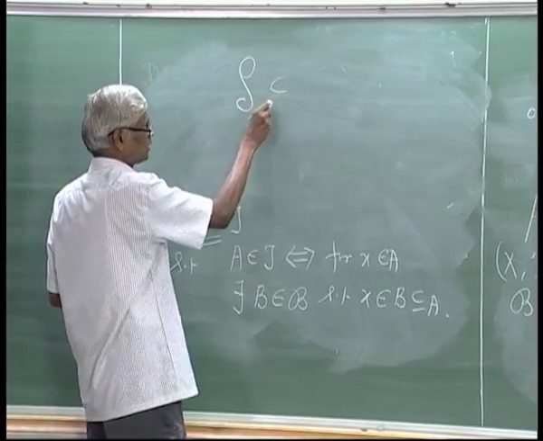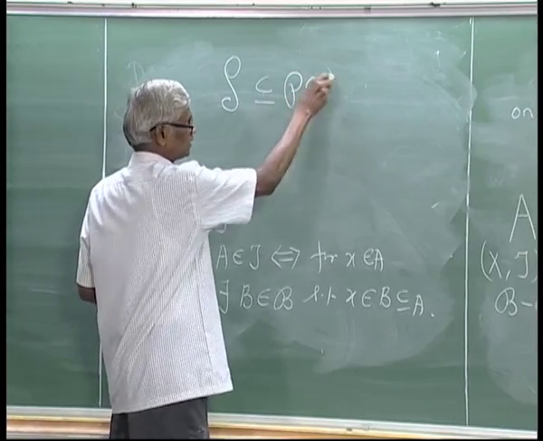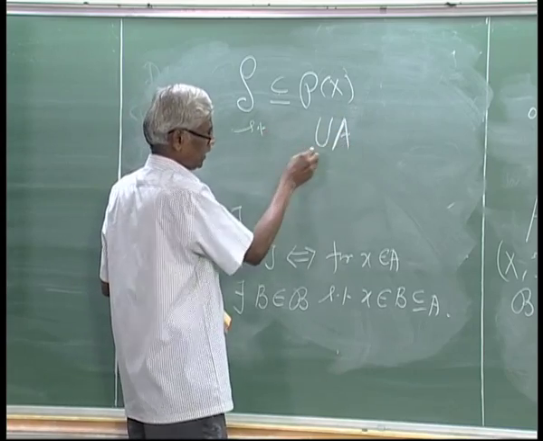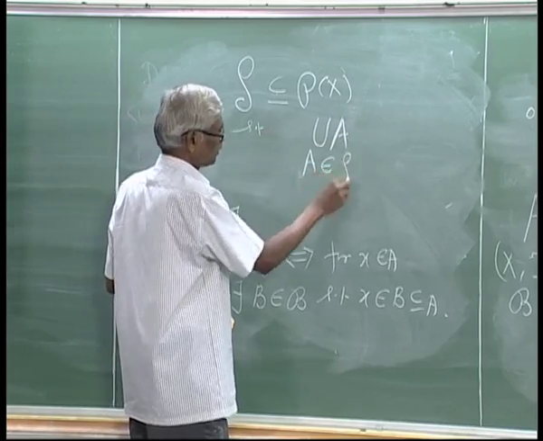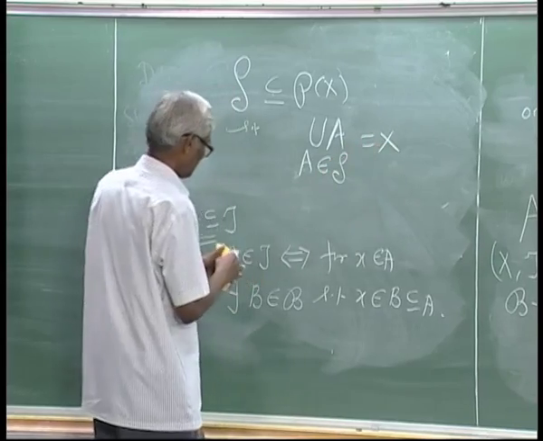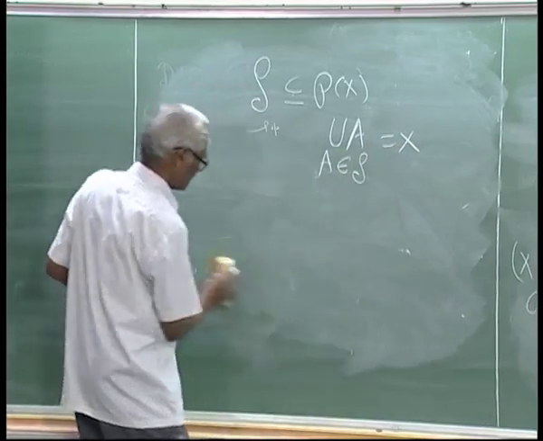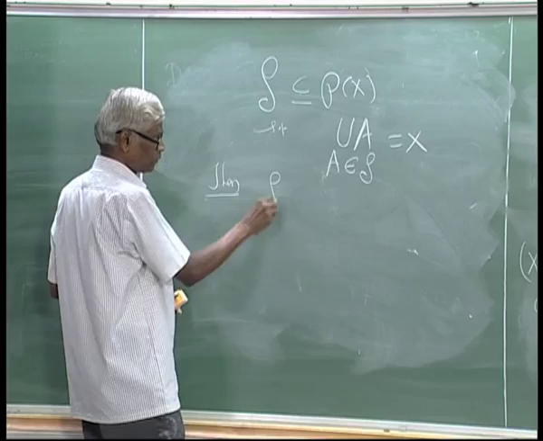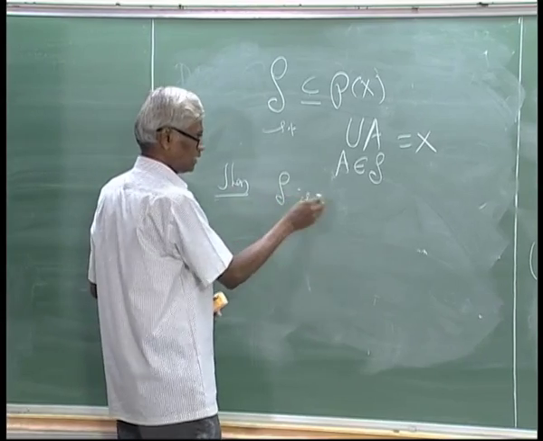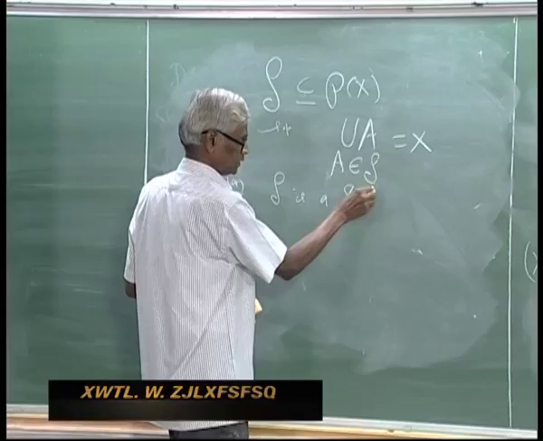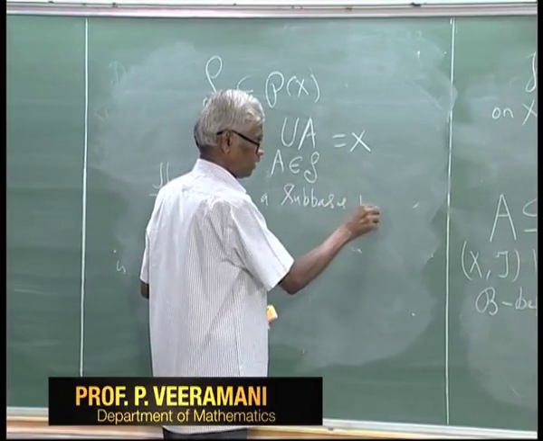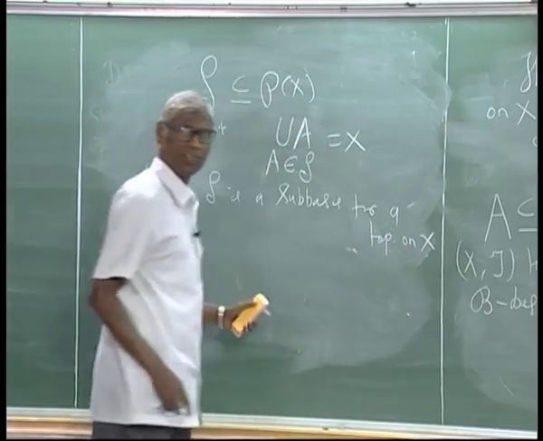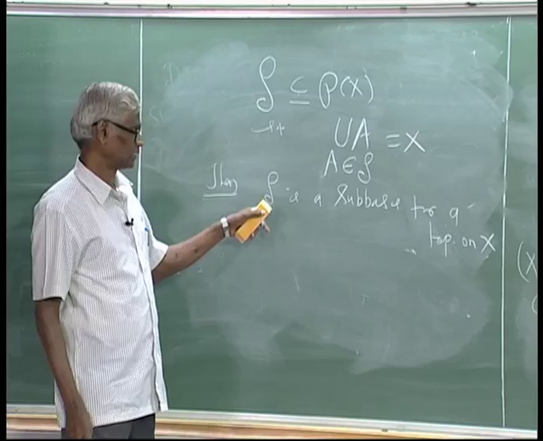In fact, what is still important is, even if we know a script S is a subcollection of the power set of X such that the union of A in script S is the whole space, then we call script S a subbasis for a topology on X. Then we have seen how to generate such a topology.